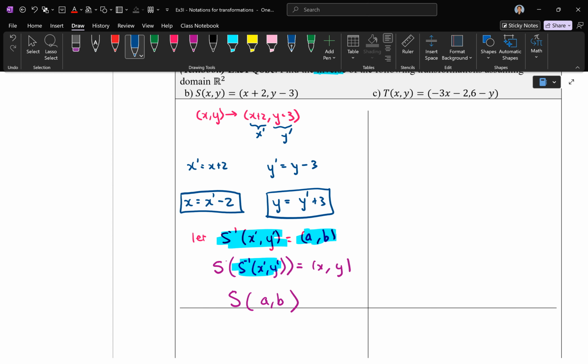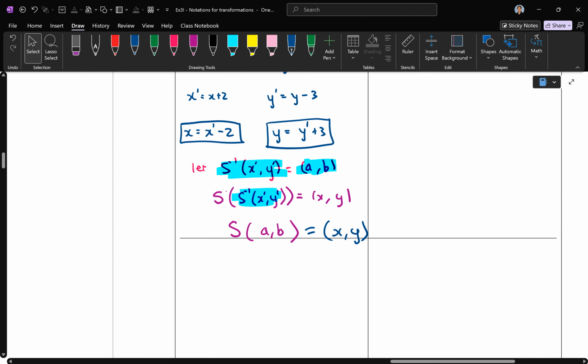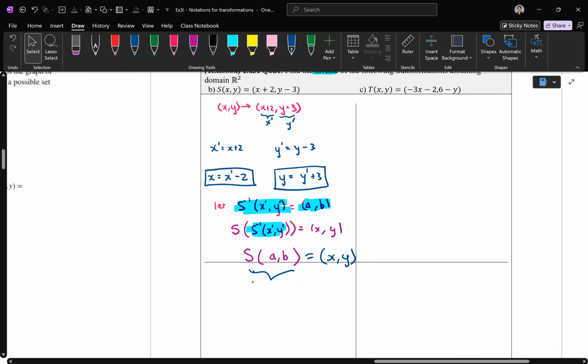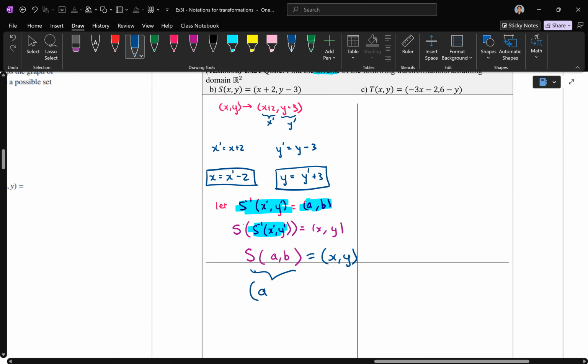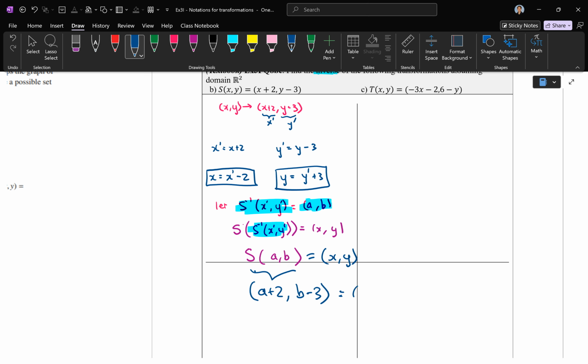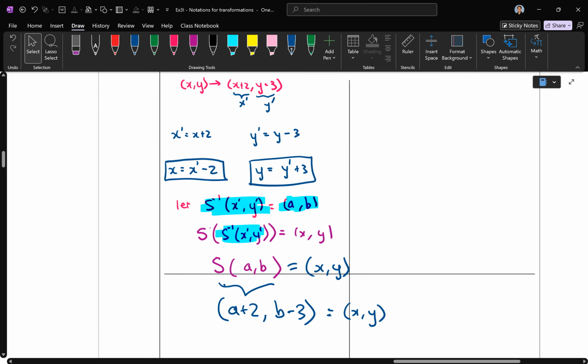So that tells me that original x, original y will equal whatever the original transformation is if I sub in A and I sub in B. And that's what you did in the previous example. The previous example was you subbed in the values, and so S of AB, that's literally following the transformation, it'll be A plus 2 and B minus 3 is equal to xy, right? So very similar to how we've got it here.